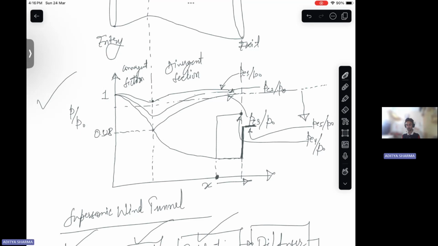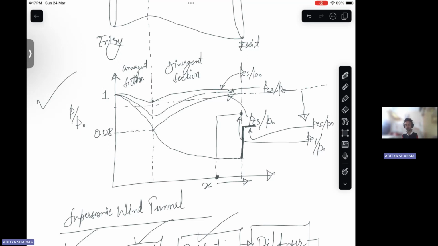And if we further reduce the exit pressure, we start observing oblique shocks at the exit, right?